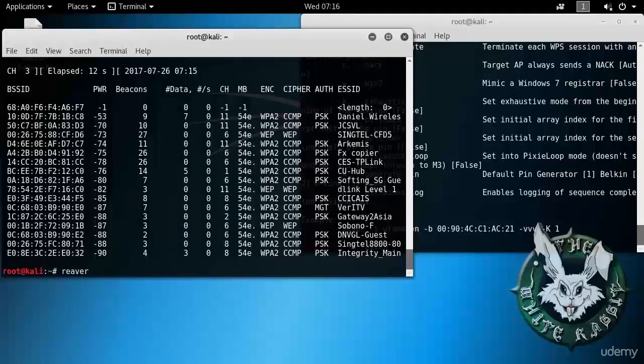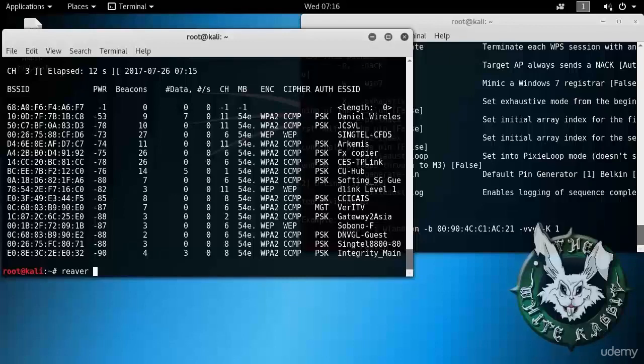So that's reaver. In the past, reaver and pixie dust might be used separately. So reaver would understand the EAP protocol and the exchange of messages, and then it will capture some data that pixie dust would be used subsequently in an offline way to analyze the data.